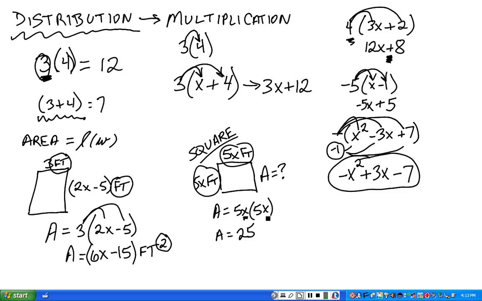Now notice there are two x's, so that would be x squared, and because there are feet in both dimensions, the unit would be feet squared. So the area of the square would be 25x squared feet squared.